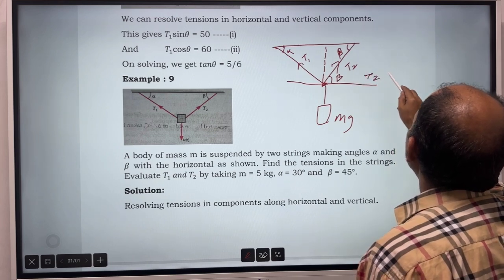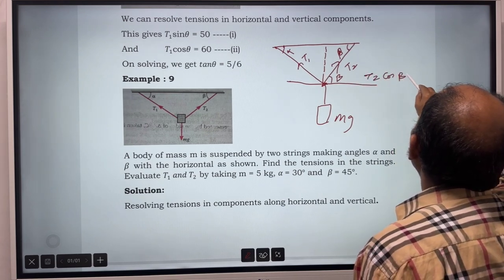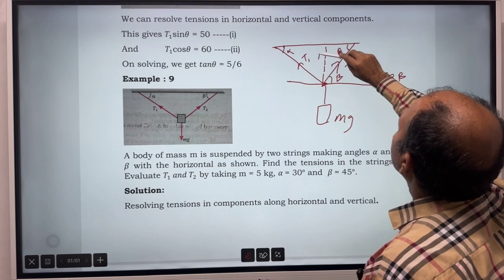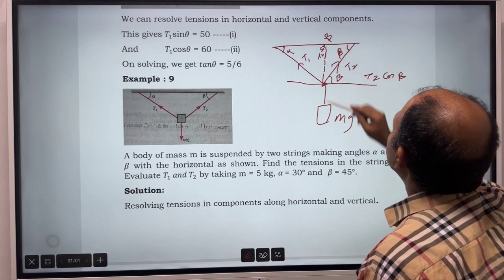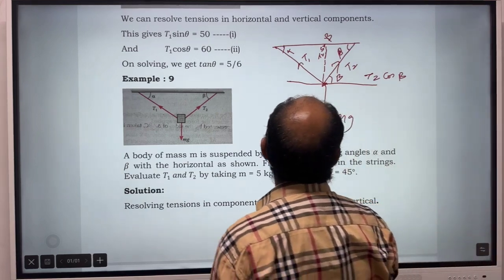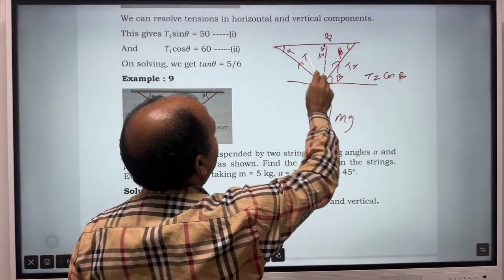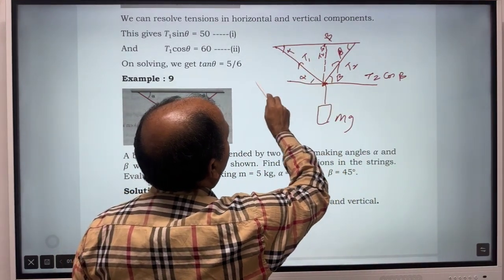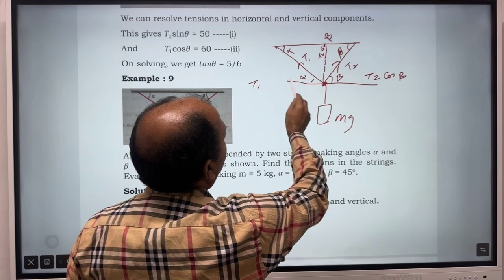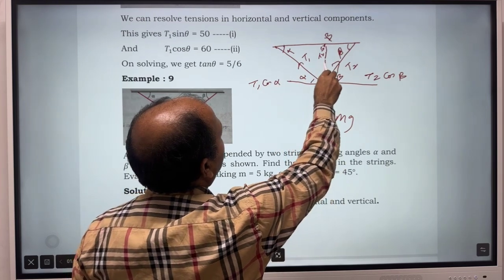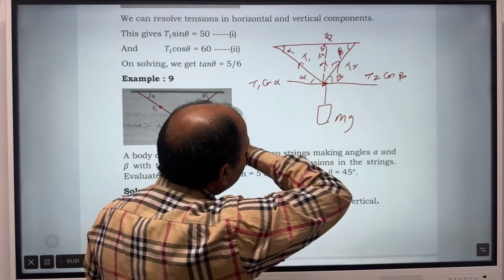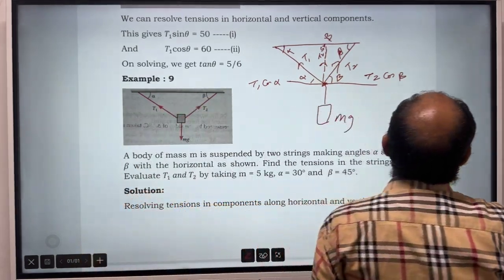If this angle is beta, this angle will also be beta. In this direction, it will be T2 cos beta. In this direction, it will be T2 sin beta. Now for this, if this angle is alpha, this angle will also be alpha. So this will be T1 cos alpha, and here in this direction T1 sin alpha. So situation is like this.